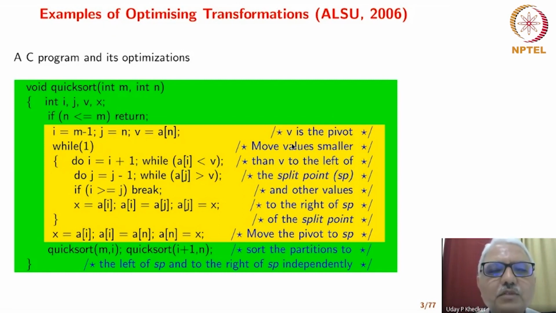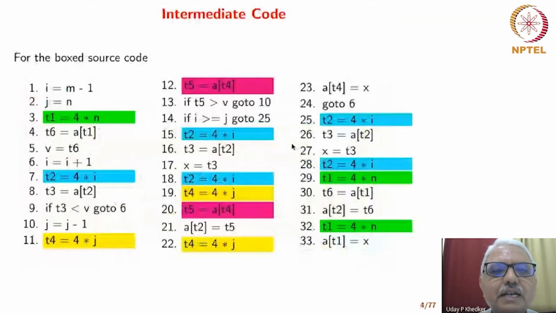Let's not worry too much about what's there in the yellow box. We're not interested in what this program does. We are interested in what we can do with this program in order to improve it. So let's focus on this yellow code, and it is represented like this in an intermediate code.